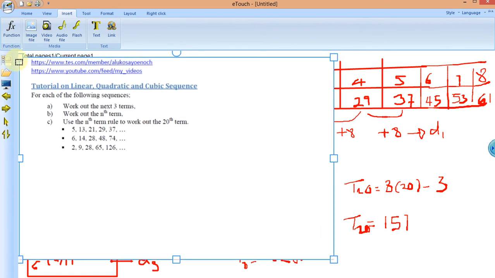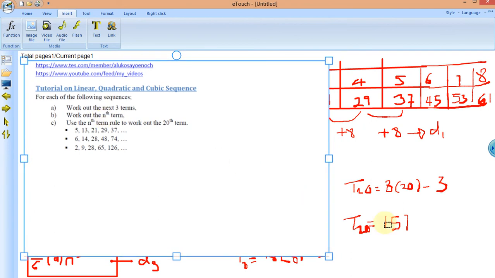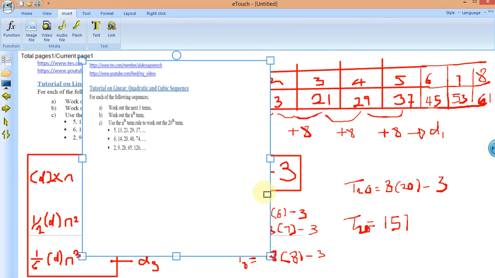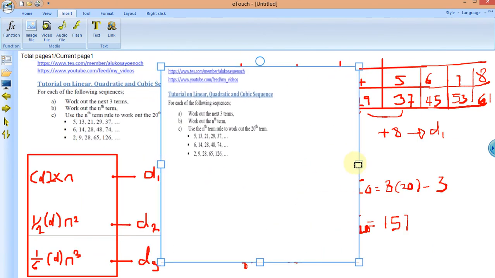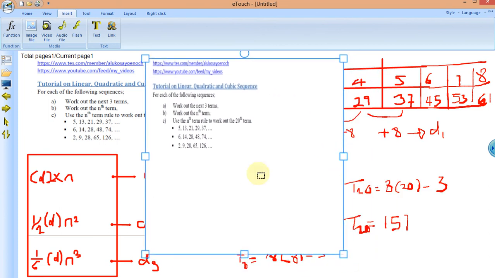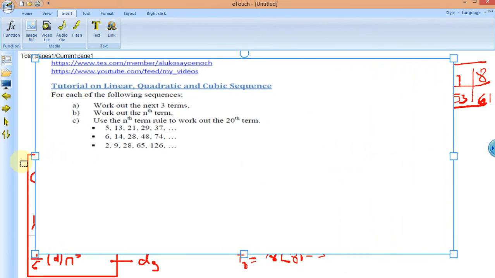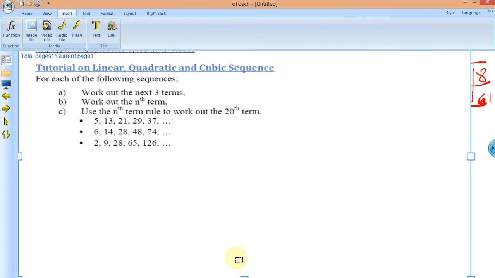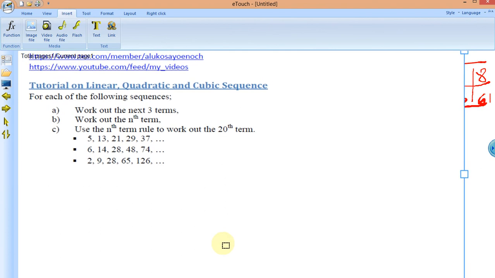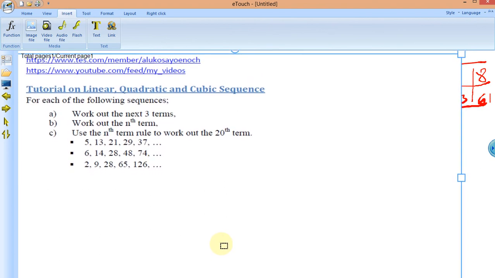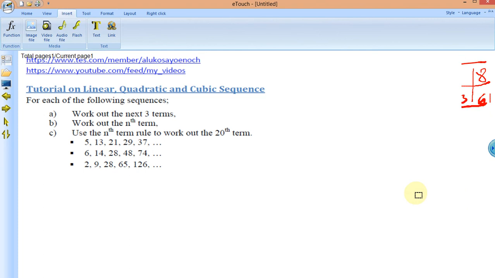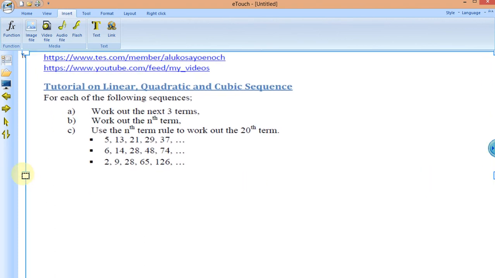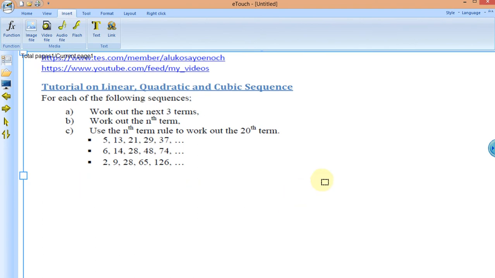I think I just need to cover the whole page so that I don't run into trouble. I need to cover everything. Okay, and that will also confuse you guys. Okay, I think everything is okay like this.